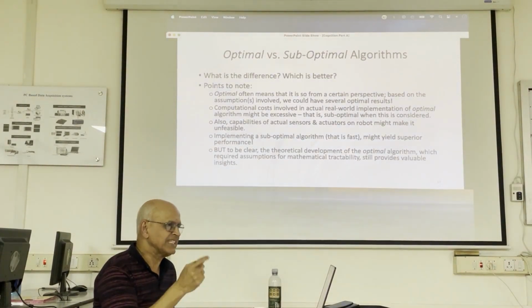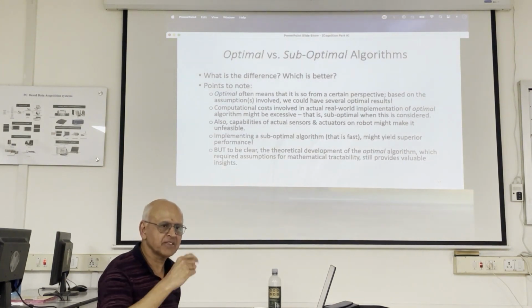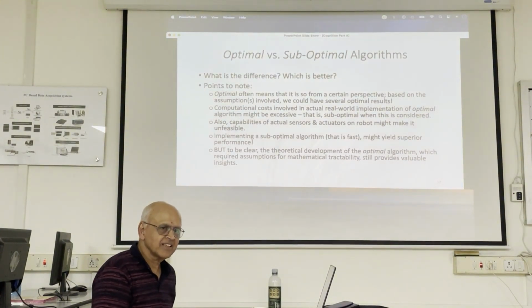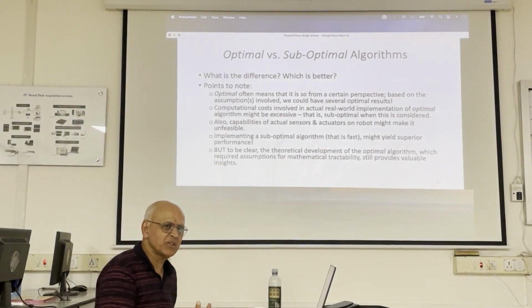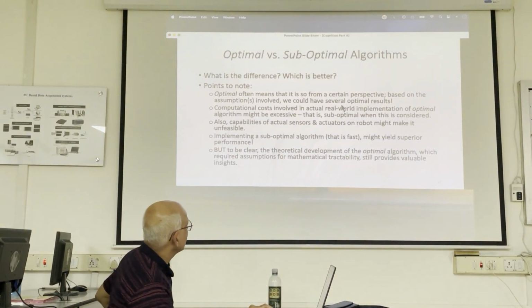The optimality is tied in with the assumptions. Somebody else could have a different set of assumptions and come up with a different optimal. But the word optimal typically scares off everybody because they say, okay, he's found the best. There's no point in me doing any research because he's got the optimal solution. That's not true. Optimal often means that it is so from a certain perspective based on the assumptions involved. We could have several optimal results.